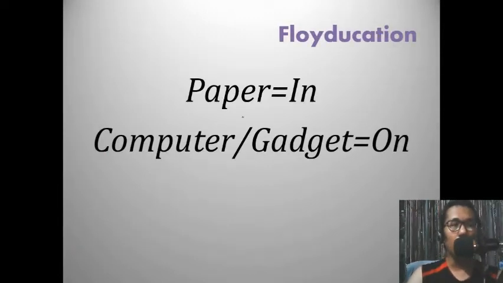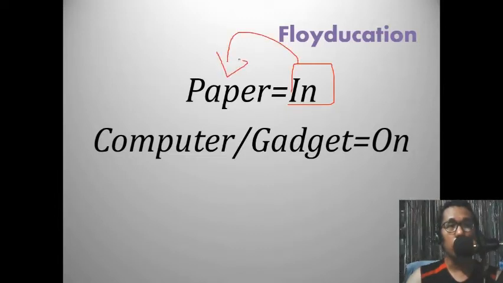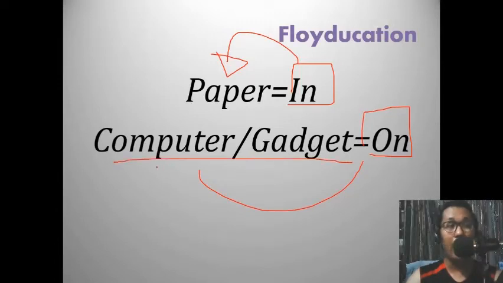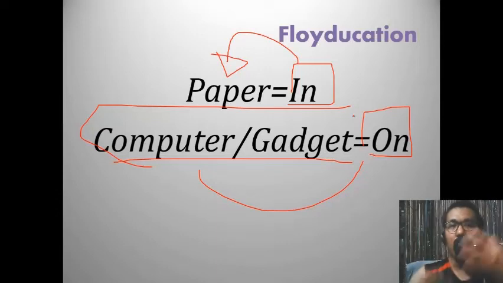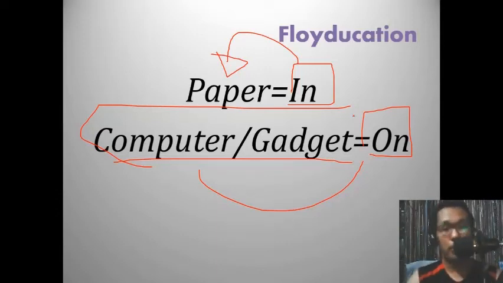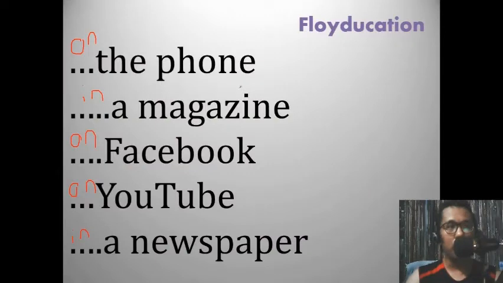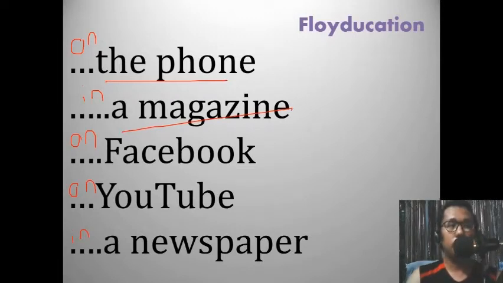When we're talking about in, we're talking about paper. On is for a computer or a gadget, where you're looking at a gadget and using an app. For example, the phone is a gadget. Magazine is a kind of paper.